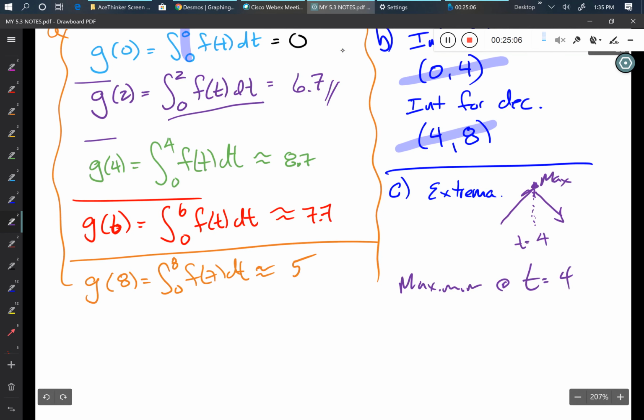Last part's the hardest. I'm supposed to sketch a rough graph of the function g. Let's see.